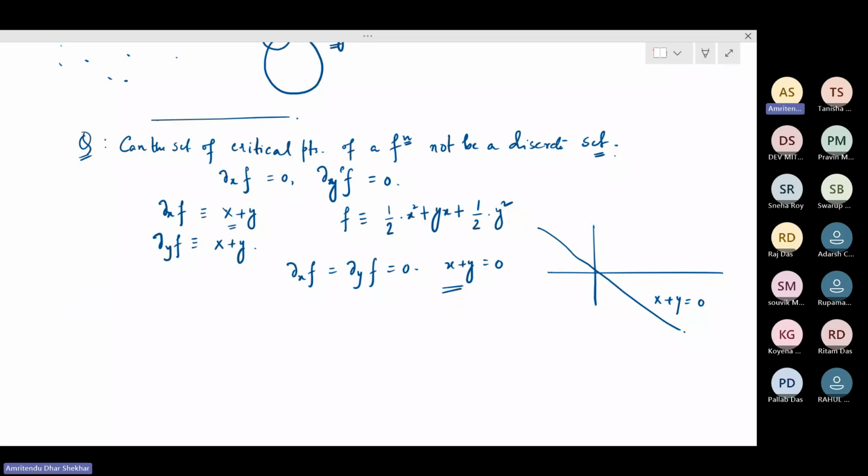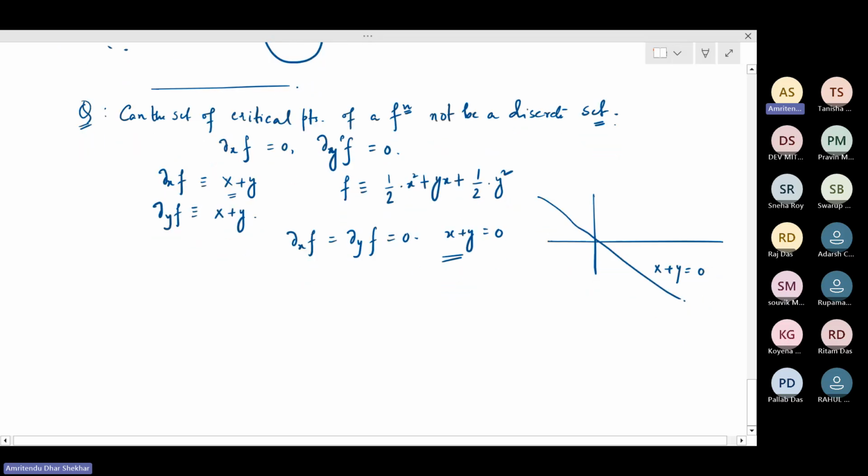Now you can obviously ask the question: is it possible that del x of f and del y of f are not the same? Here I took a particular example where I chose del x of f and del y of f to be the same function.